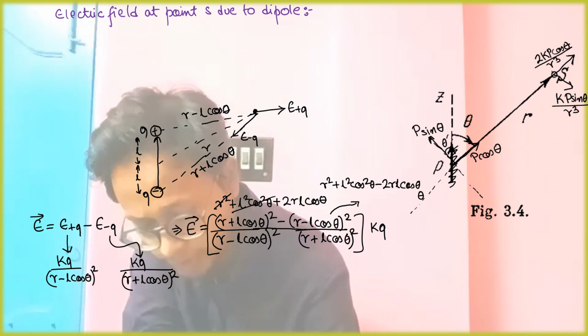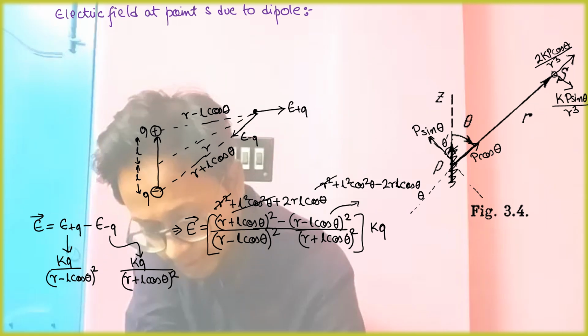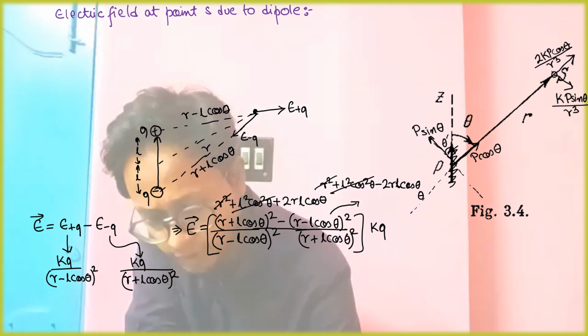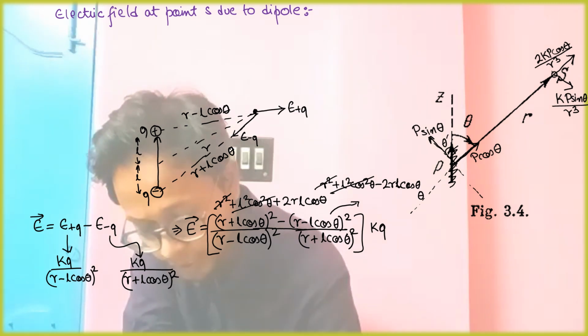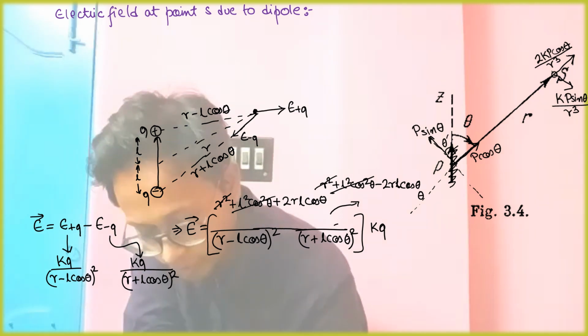A square plus b square minus 2ab. So r square and r square get cancelled, and L square cos square theta and L square cos square theta get cancelled. However, this 2rl cos theta and minus becomes plus, so 2rl cos theta and 2rl cos theta would become 4rl cos theta. So the numerator would become 4rl cos theta.